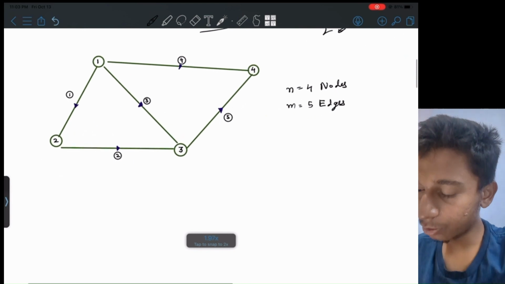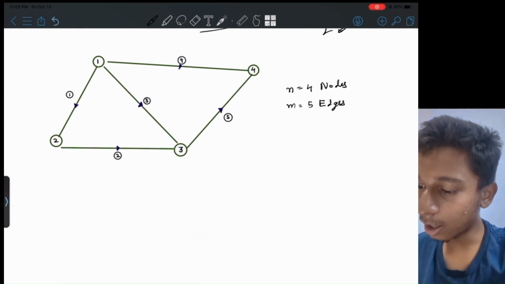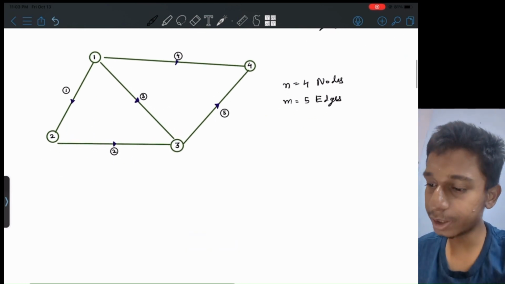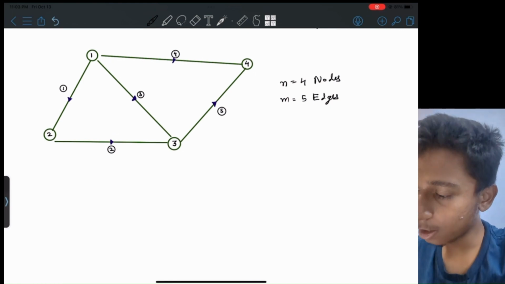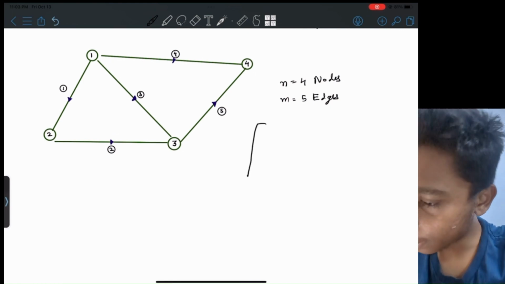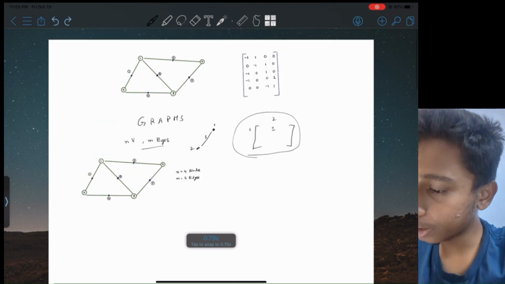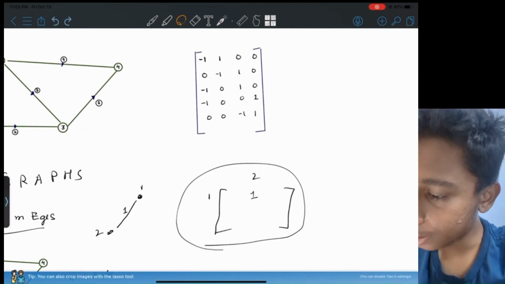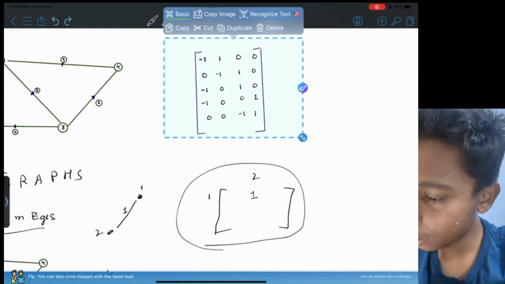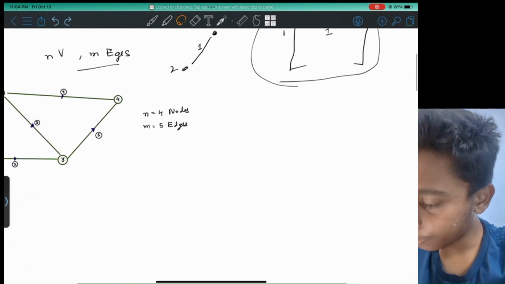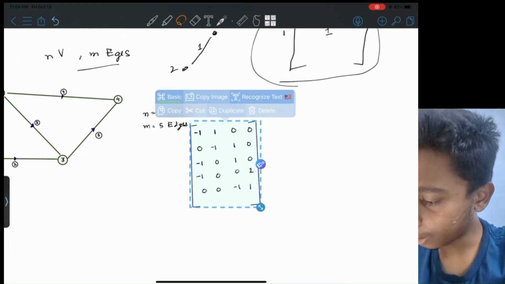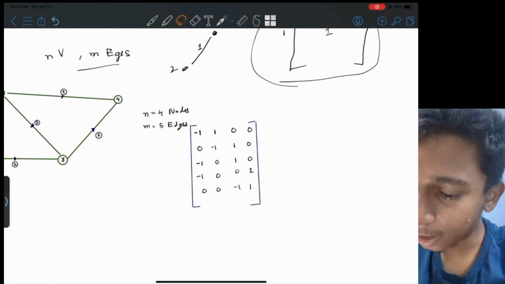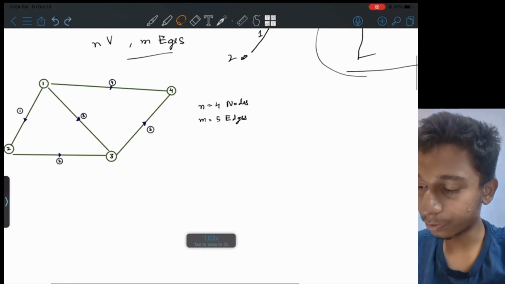So to begin with, let me show you how every graph can be represented with the help of an adjacency matrix. The matrix that I am going to be taking here is this matrix. Let me first talk to you about what this matrix is, or rather I should just make the matrix on my own.